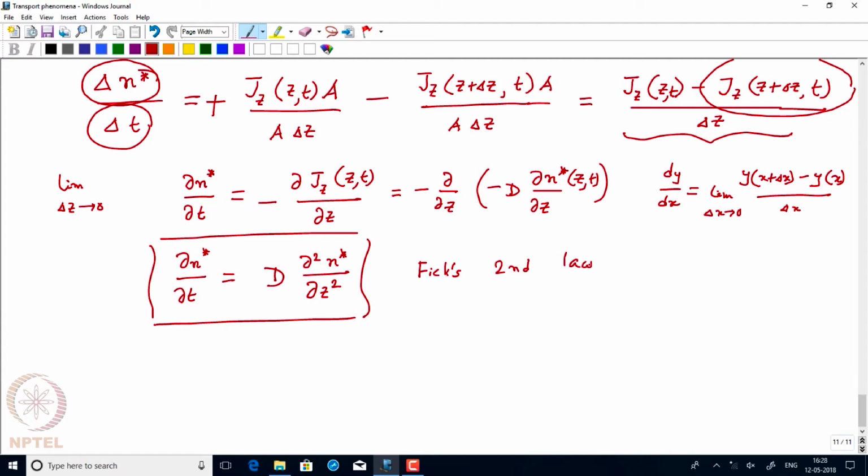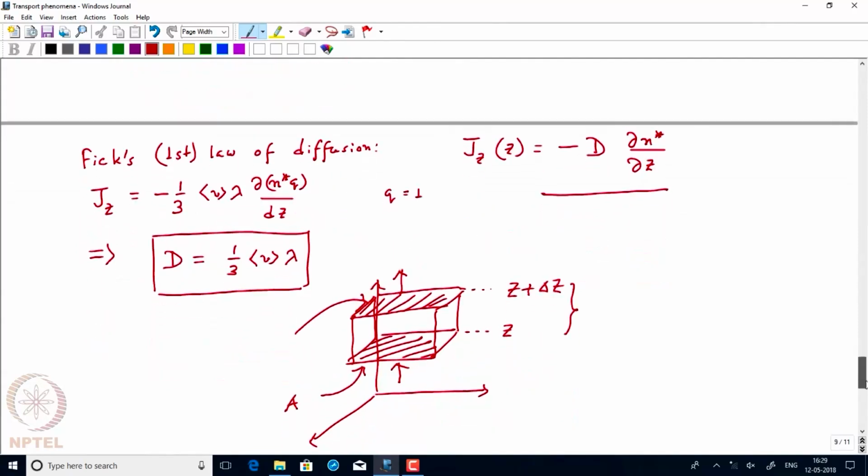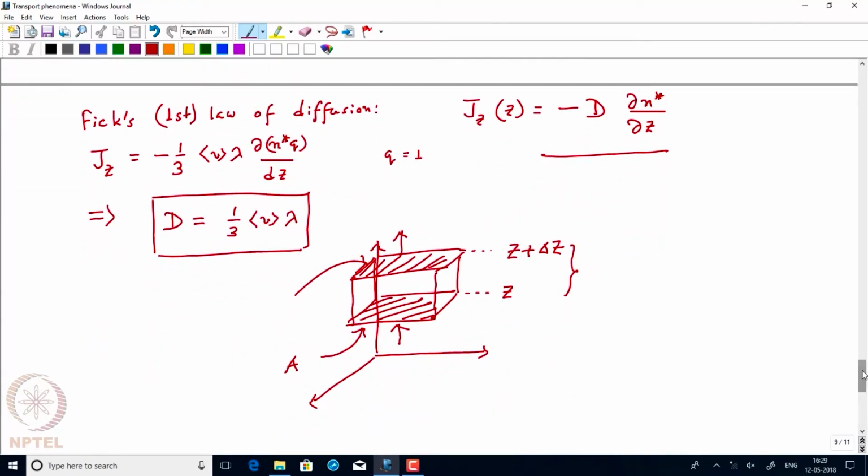Fick's first law connects the flux as a function of the spatial gradient. But as time progresses, the flux itself changes, because the concentration gradient and the concentration itself are changing with time.